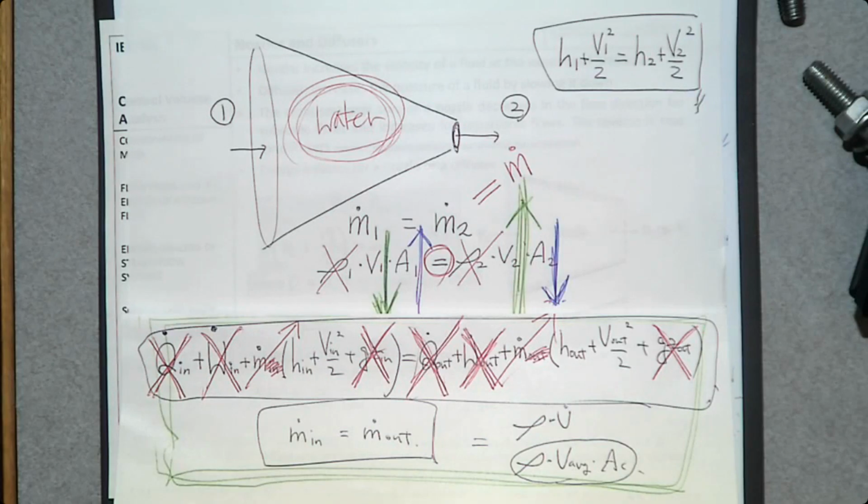Then you need to take that into account. You should be able to derive those equations. Otherwise, you can only solve the very, very basic nozzle systems, right?